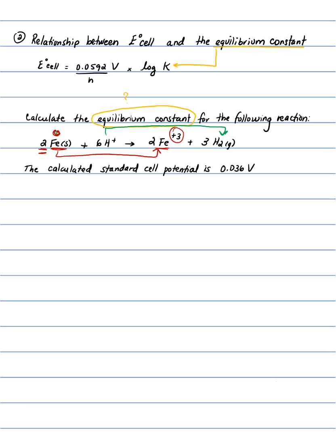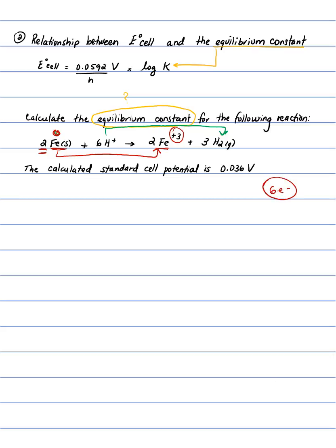Each mole of iron is losing 3 electrons, which means that if you have 2 moles of iron, the total number of electrons that you're getting from the oxidation of iron is 6 electrons. Each one is losing 3. So 1 mole of iron is going from 0 to 3, and then another mole of iron is going from 0 to 3. So you're getting 3 electrons for each mole, which is a total of 6 electrons from the oxidation.